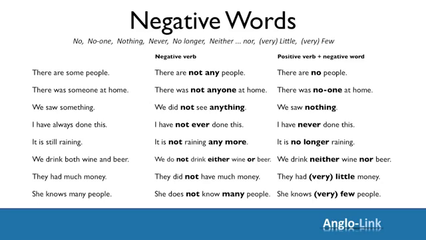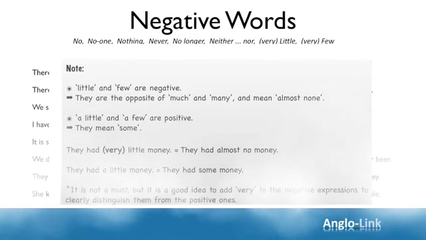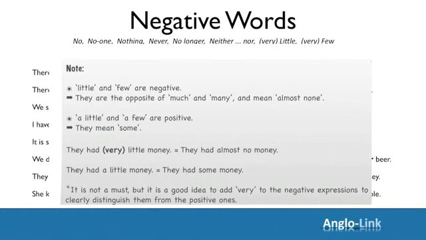Let's just stay with the words little and few for a while, because it's important that you note this little point. Little and few are negative. As you have just seen, they are the opposite of much and many, and mean almost none. If you add the word a to these words and say a little and a few, they become positive.